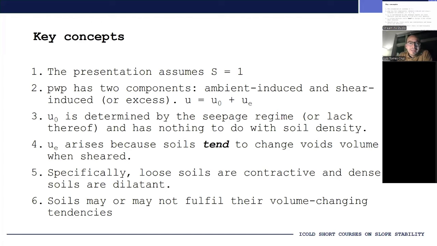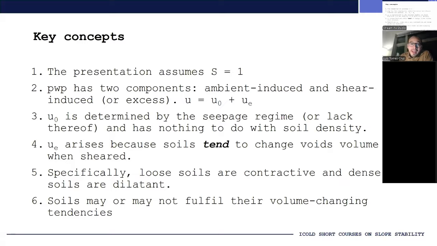Firstly, this presentation is going to assume that we are dealing with saturated soils and that therefore the principle of effective stress is applicable. Secondly, we have to keep in mind that pore water pressure in any granular medium can be thought of as having two components.